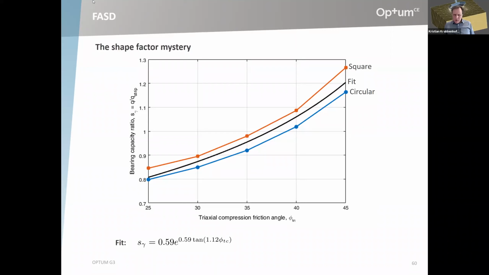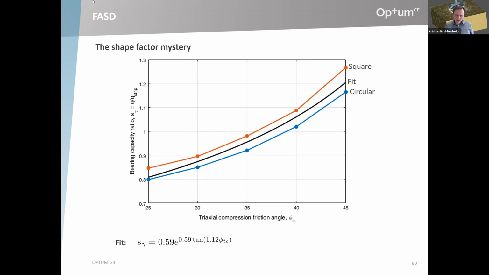The point with this model, though, is, I don't want to say the point is not accuracy, because of course it's accuracy as compared to experimental data or full-scale data, the real world. But the point was more that when doing 3D analysis, and Mohr-Coulomb is the only model at your disposal, you have this dilemma of what angle to put in. The triaxial compression angle, which is usually the one that is available, or the plane strain angle.